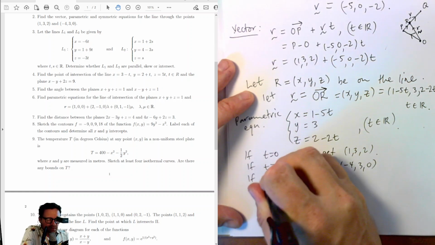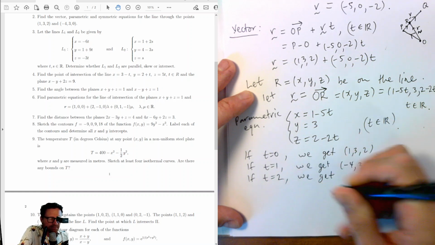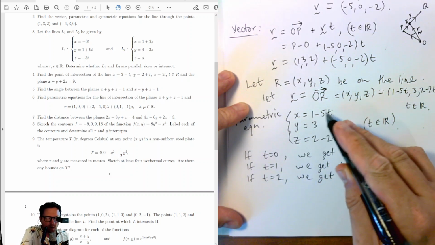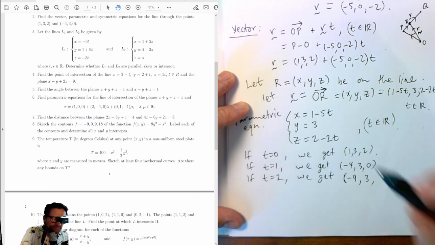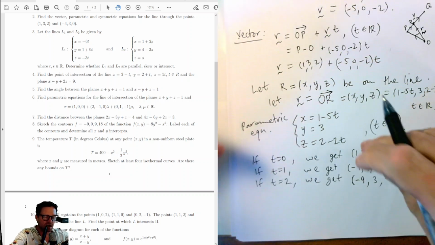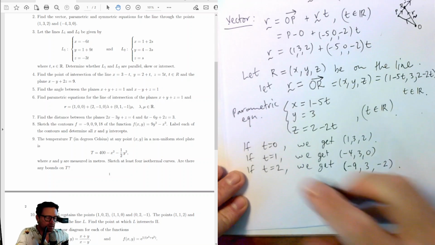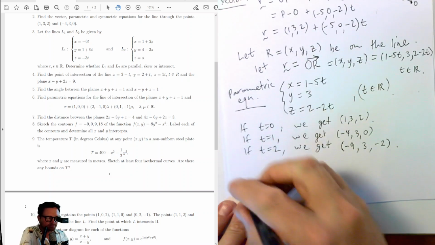If t equals 2, we get, let's see, 1 minus 10 is -9, 3, and then 2 minus 4 is -2. So this describes a collection of points. All right, so next let's go for the symmetric equation.